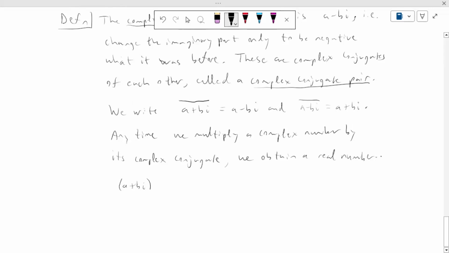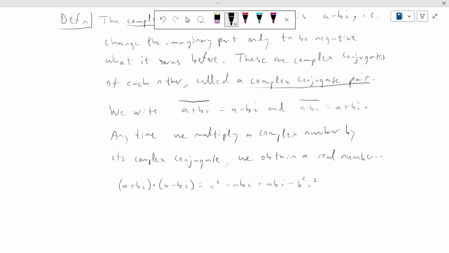A plus BI times A minus BI. I got to FOIL it out. So I got to do A times this, so I get A squared minus ABI. And then I got to do BI times this, so I get plus ABI. And then minus B squared I squared.